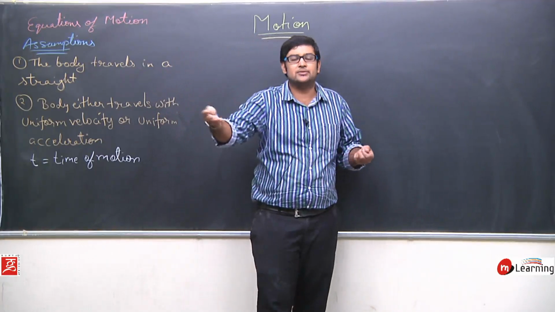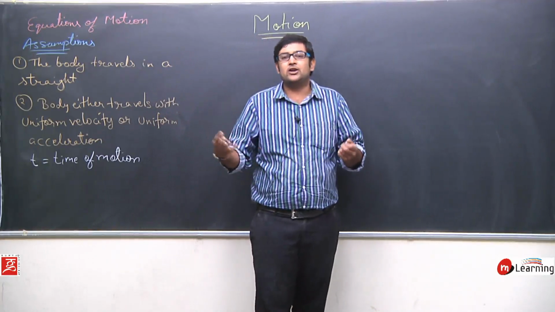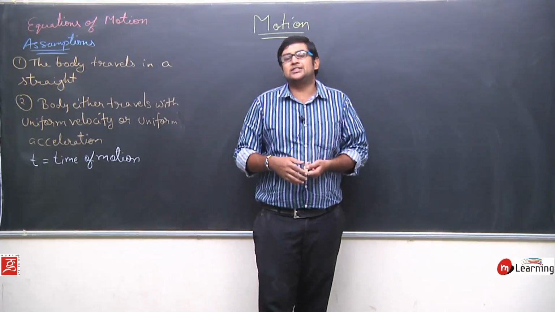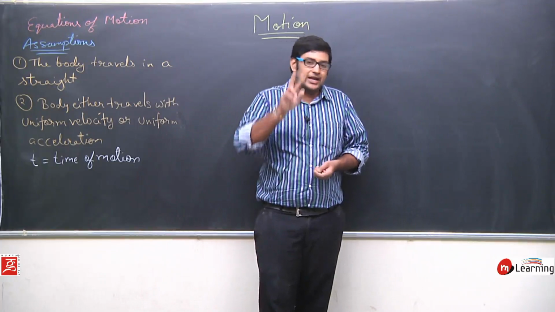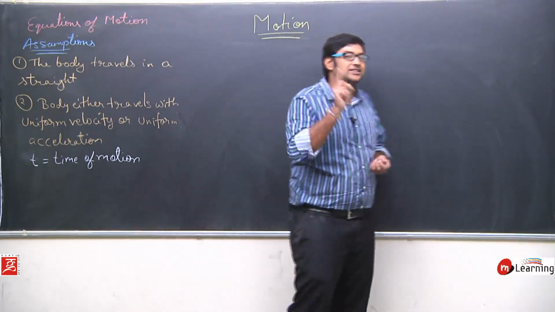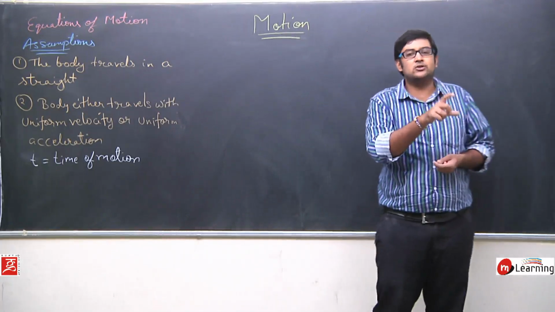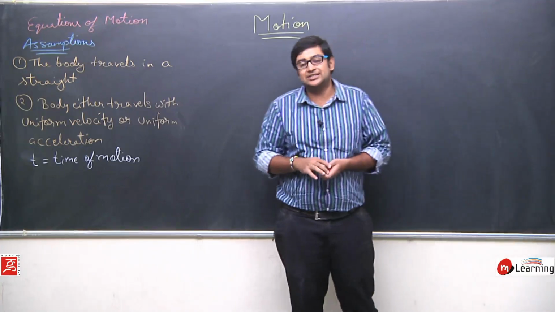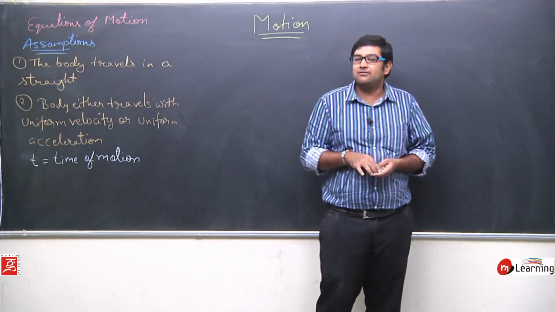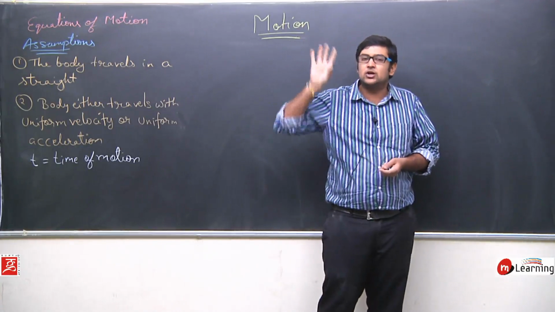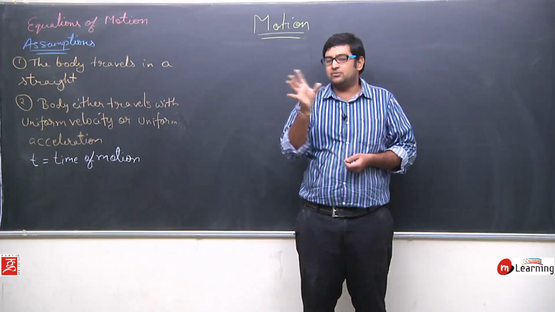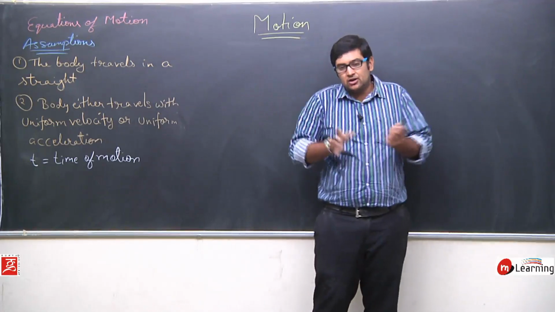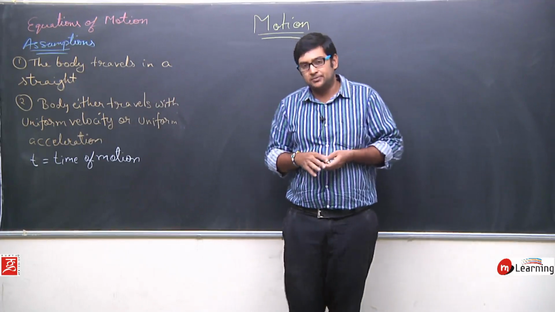It may be possible that the car stops at that point, or it is moving with more speed or less speed, so that will be called the final velocity. So try to understand the two concepts. Initial velocity means the first time when you saw an object, it was traveling with some velocity, and that velocity will be called the initial velocity. And what is final velocity? The last time when you observe an object, after that it will disappear from your eyesight, we call it the final velocity.